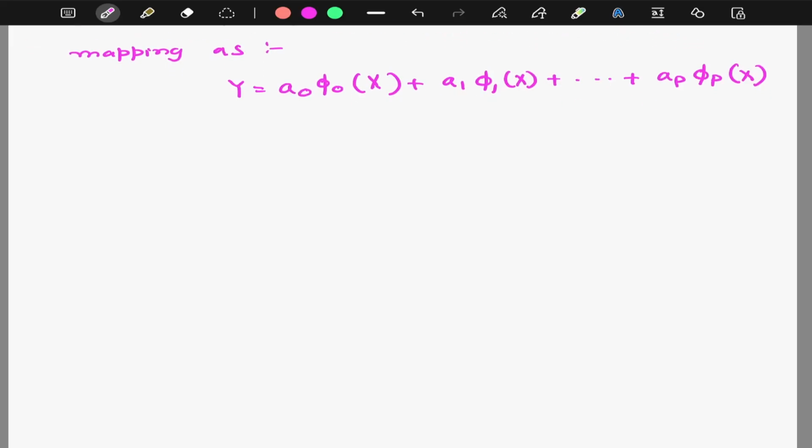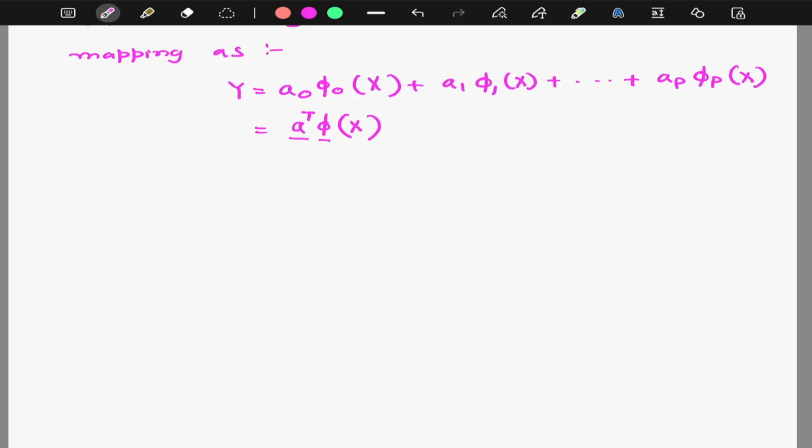Now, obviously, we will not write in this form, we will rather prefer to write it using the vector notation, where a is the weight vector or parameter vector. A goes from 0 to p, so it is a p plus 1 dimensional vector.